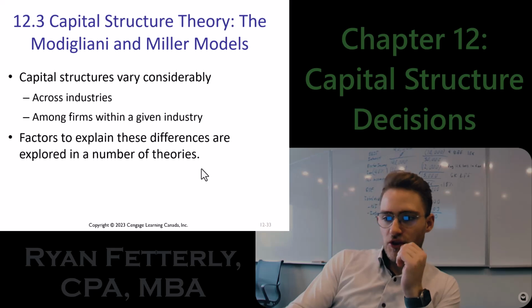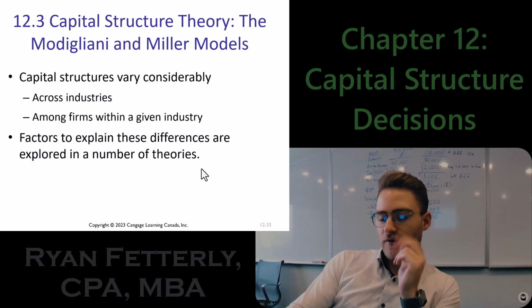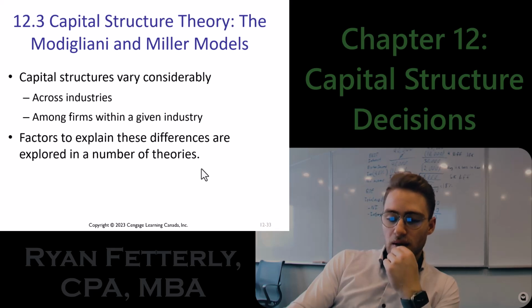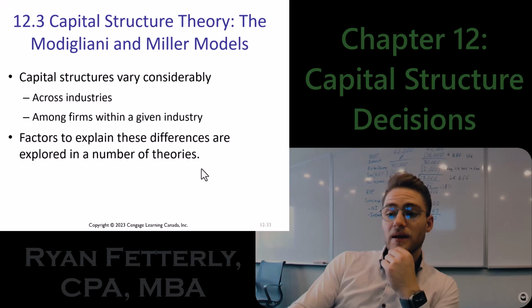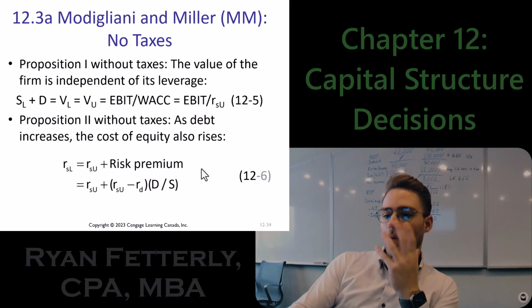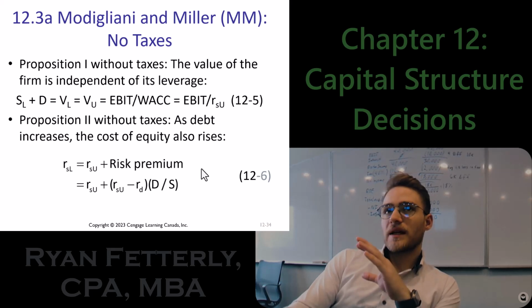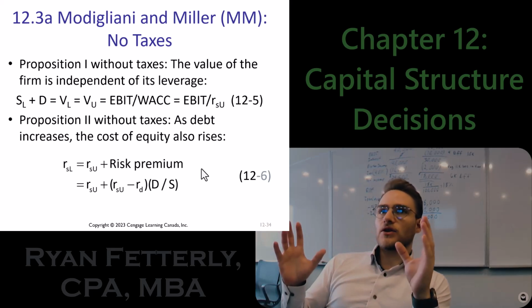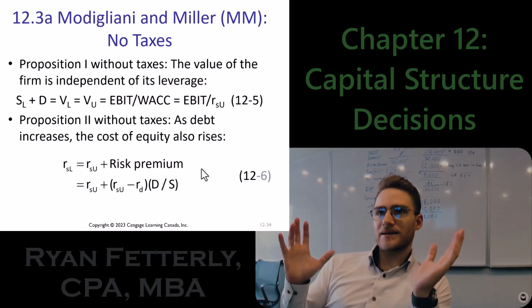So, capital structure theory. Capital structures vary considerably across industries and among firms within a given industry as well. And the factors to explain these differences are explored in a number of different theories that try to explain why capital structure matters. So here is the model if there were no taxes, no corporate tax, no personal tax, nothing.